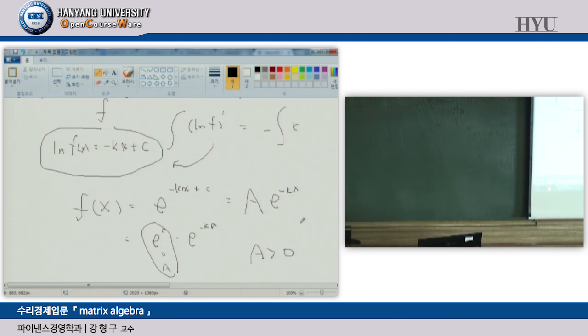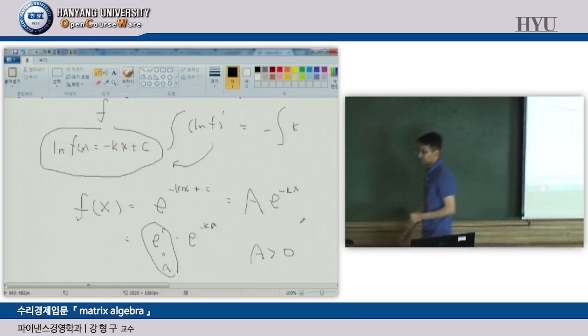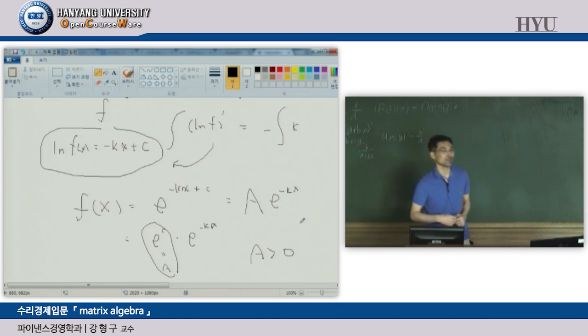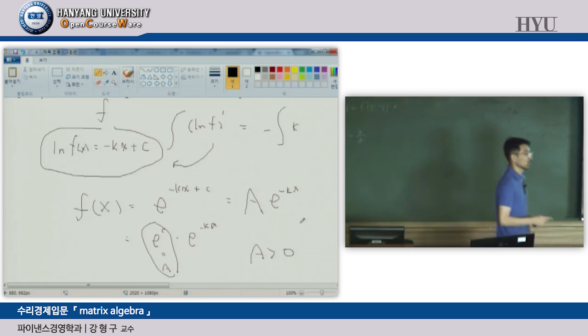Yeah, actually, for a complete solution, we need this one. a should be greater than 0.